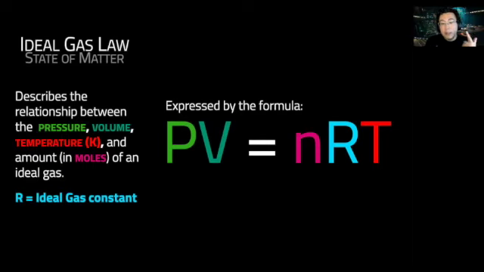Volume, mainly in liters. Moles, as we have been discussing for more than a month now. The constant, which will be given, depends strictly on the unit that we have in pressure. And the temperature: remember, if it's given in Celsius, we need to change it to Kelvin. If the answer requires us to give it in Celsius, then we subtract the standard temperature from the answer.